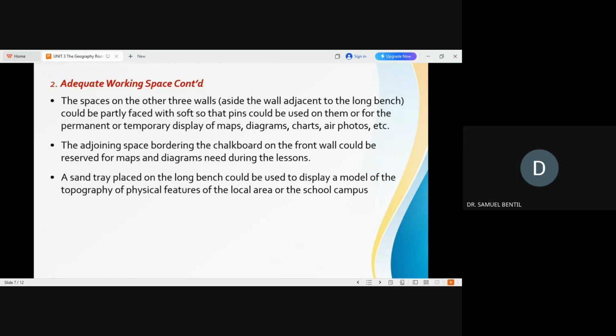Now we are talking about the three other remaining walls that make the complete four square. The three other walls could be partly faced with soft board, so that pins could be used on them for the permanent or temporary display of maps, diagrams, charts, air photos, among others.